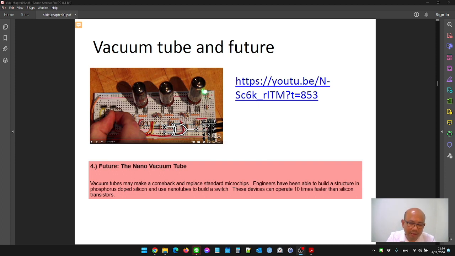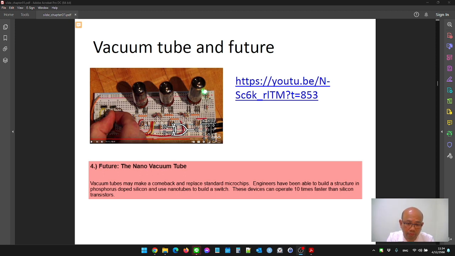This is an example of a project in class for building a vacuum tube digital circuit. But the idea is to show you when developers made computers from the vacuum tube.